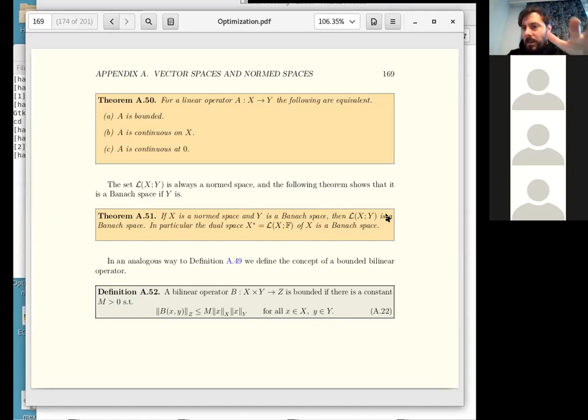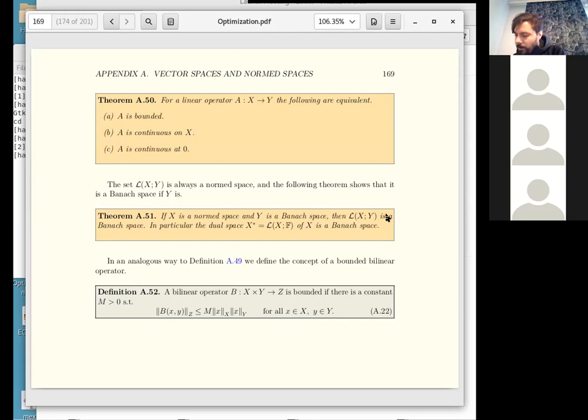This is in next week's exercises, and you can think of it as matrix multiplication from left and right. You can think of a bilinear operator over x and y as simply a matrix A such that it's x transpose A times y. So I just write it like here.